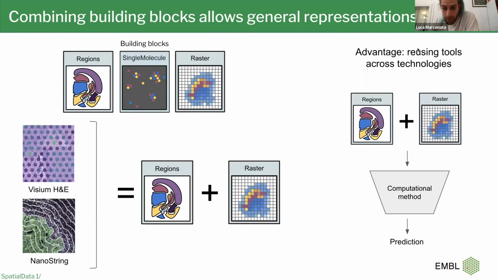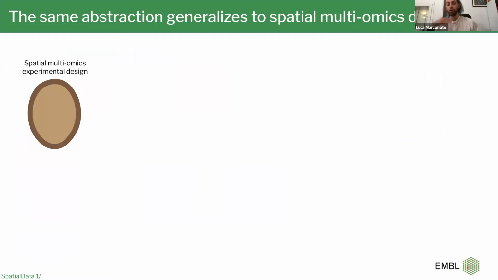It doesn't stop here, because as you can combine multiple building blocks to represent new spatial technologies, you can also combine multiple building blocks to represent a spatial multi-omics dataset. A spatial multi-omics dataset looks like what I'm going to show you in this slide.